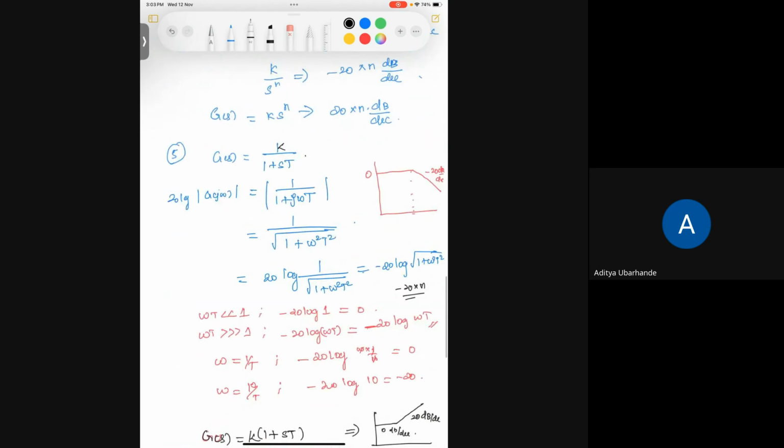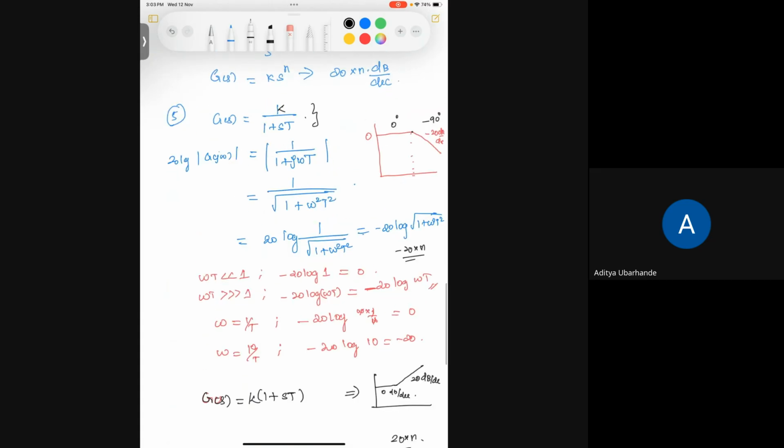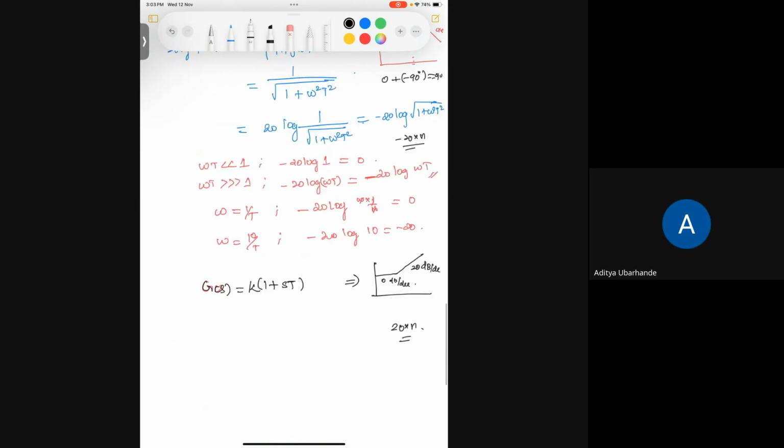For the transfer function that looks like this, the phase will be 0 until this point, and again it becomes minus 90. So your overall phase will be minus 90 only. Here the phase will also be 0, and at this point the phase will be 90.